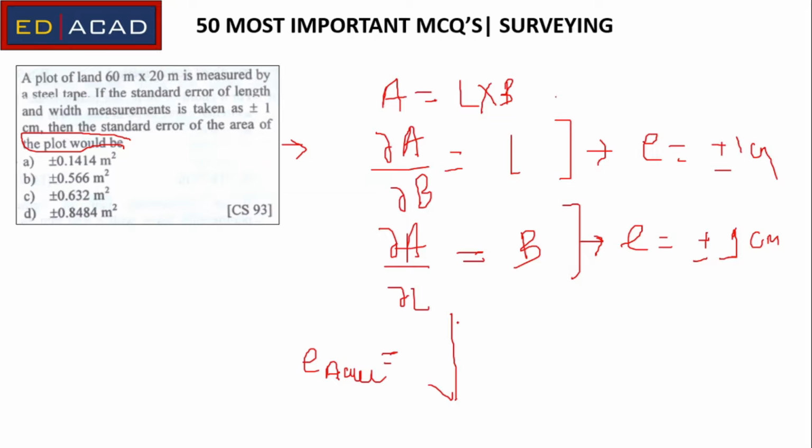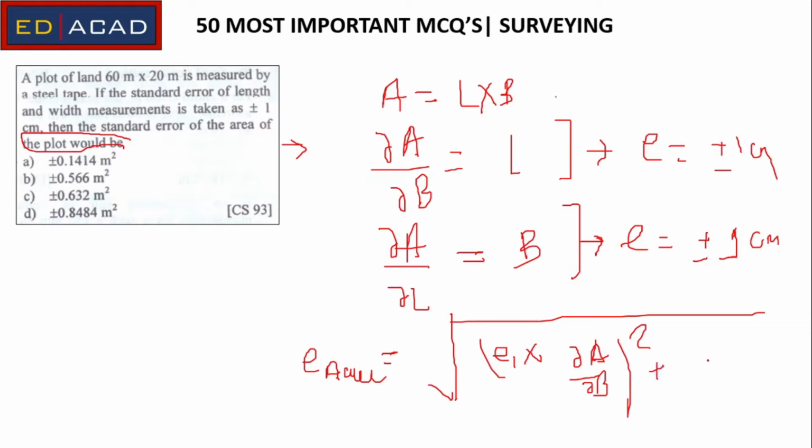For rectangular we have this formula that error in area will be equal to error in length into del A by del B square plus error in, so this should be del A by del L. Then similarly error in breadth, so both are E only, so we can just write it as E into del A upon del B square.